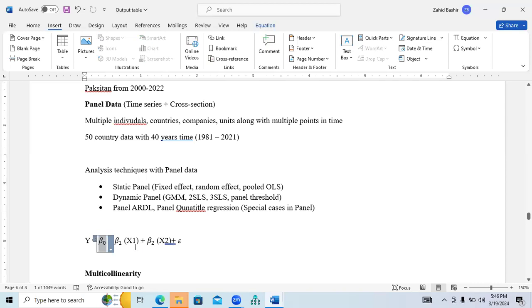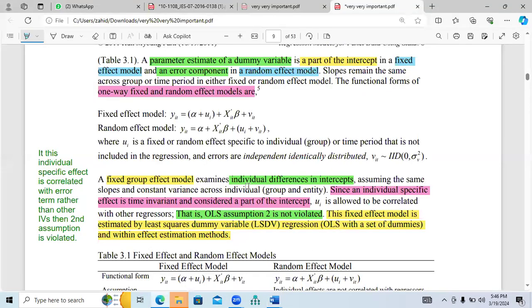If your country specific effect or your time period effects are related to your beta naught, then we might be using the fixed effect regression model. But if you assume that your country specific and time period effects are related with the error term, then we are going to use the random effect. This is the basic difference between both of them.